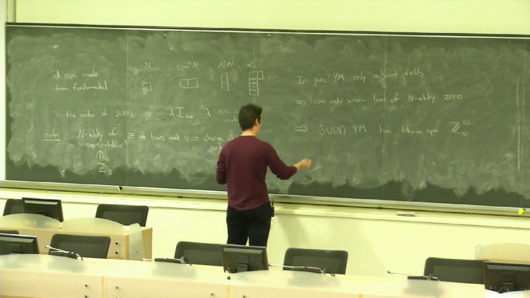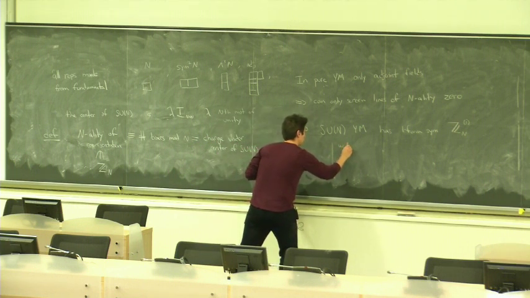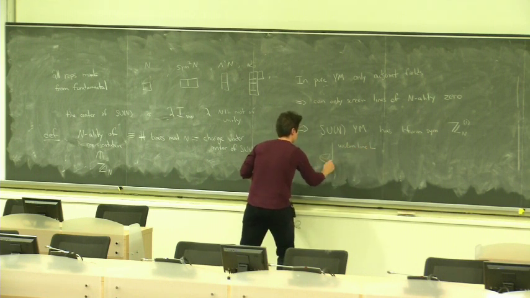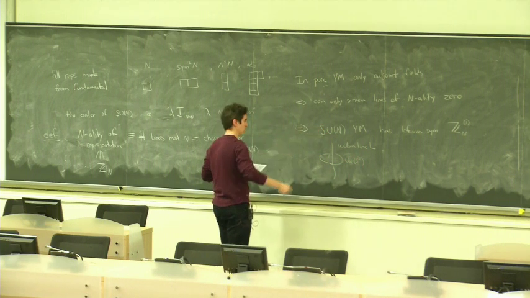So just to hammer it home, how does this one-form symmetry work? So if you have some Wilson line L, and here's U alpha surrounding it, and alpha has to be an nth root of unity.